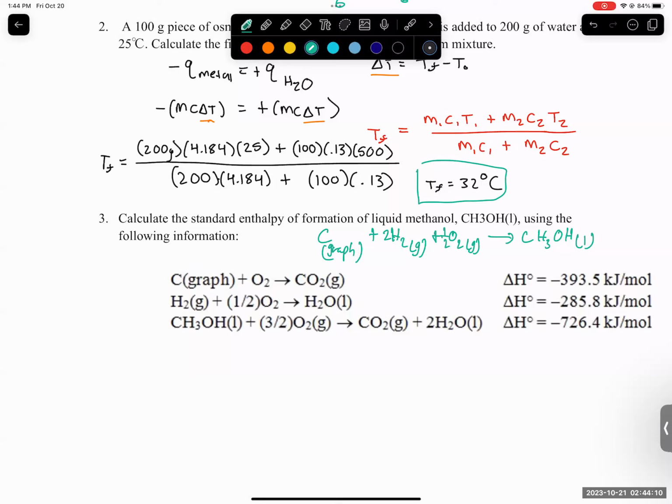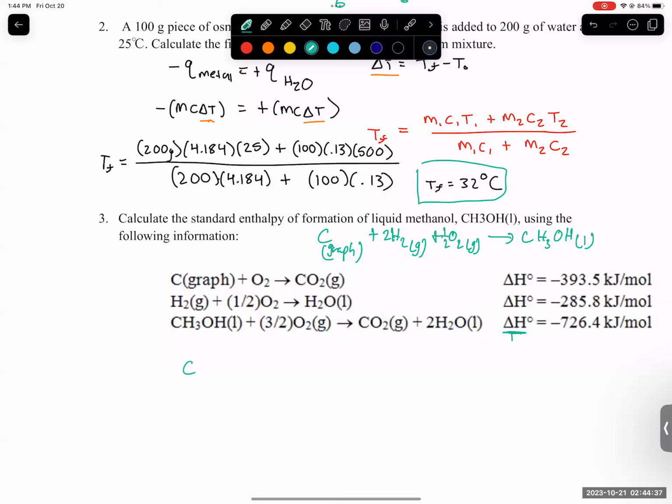All right. Now we have our goal equation. Our goal here is to make the goal equation. Right off the bat, CH3OH, is it on our product side or reactant side? Products. And I see one equation here, the third one. CH3OH is on the reactant side. So, as Keon said, flip it.